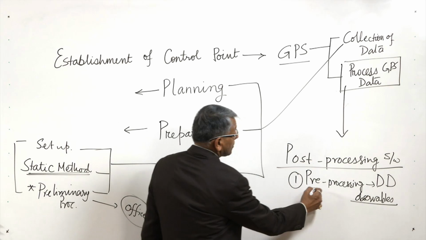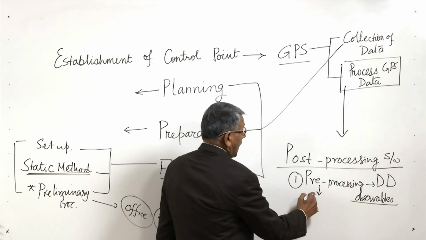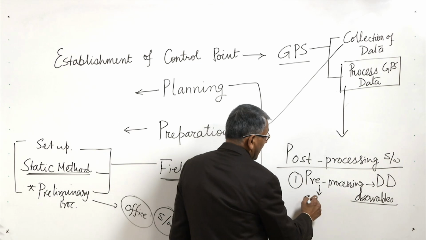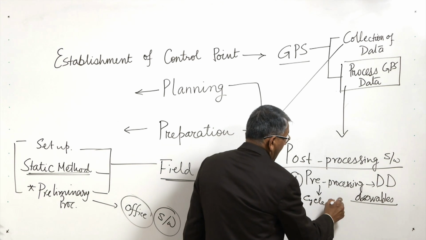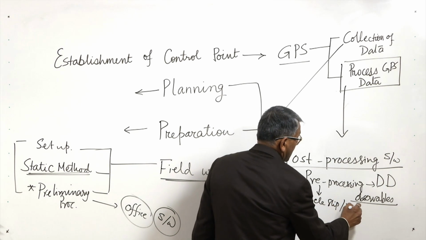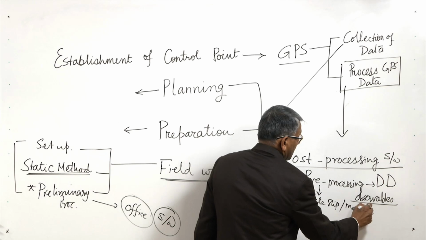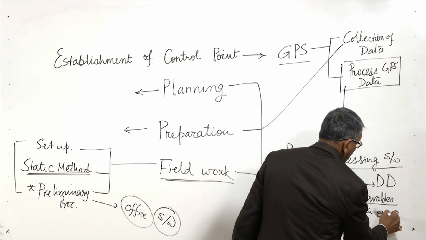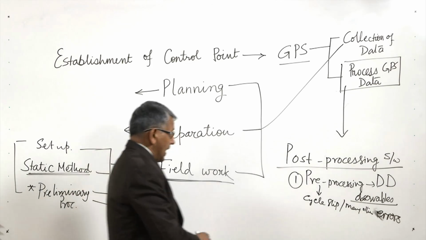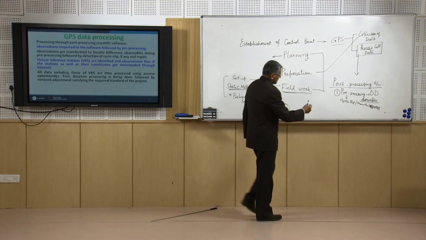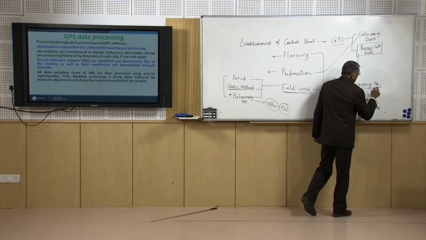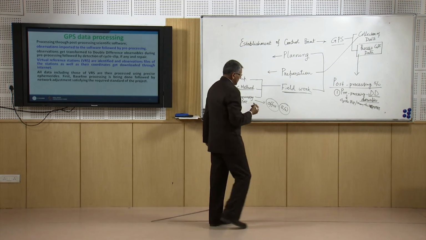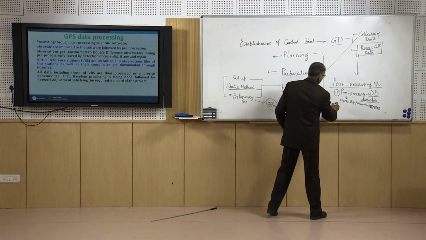Also during pre-processing we identify, detect and remove cycle slips and many other errors. After double differencing is available, we should next look for some virtual reference stations.